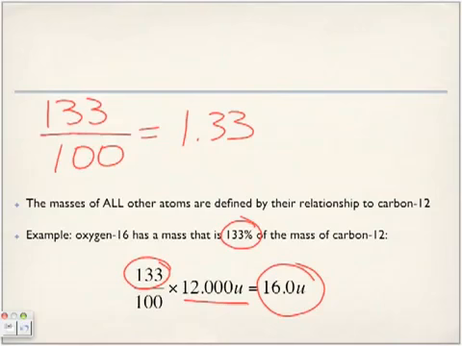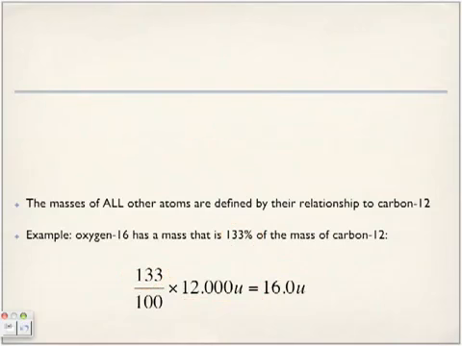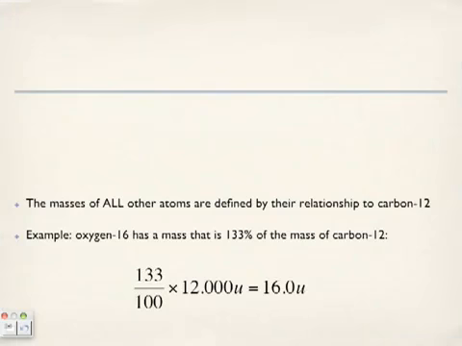So we're going to be doing calculations like this. What we have is the percentage of oxygen that is related to carbon's atomic mass, and we found out what the atomic mass actually was.